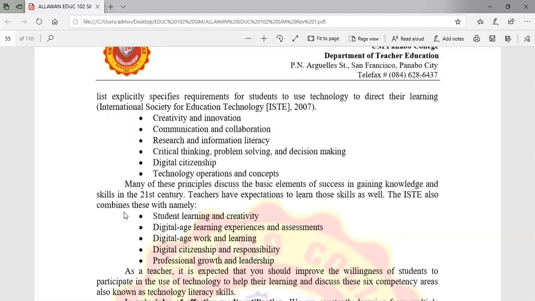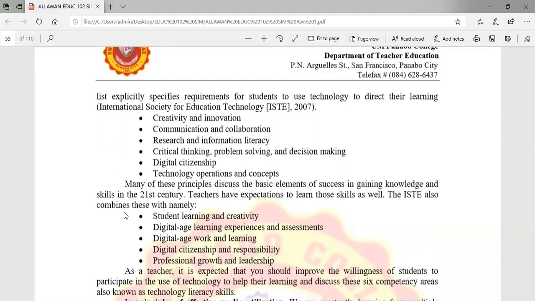And then we also improve the communication and collaboration skills of the students. It may improve their communication in English and their teamwork with other students if they ask questions related to the difficulty of the topic. Research is also very important in information literacy because of these technologies.